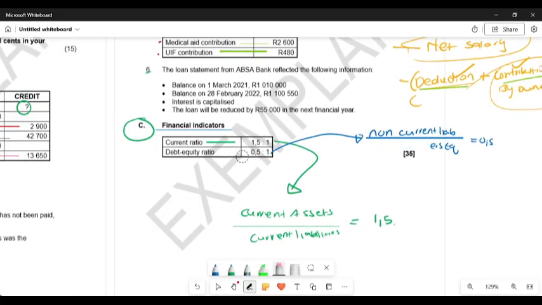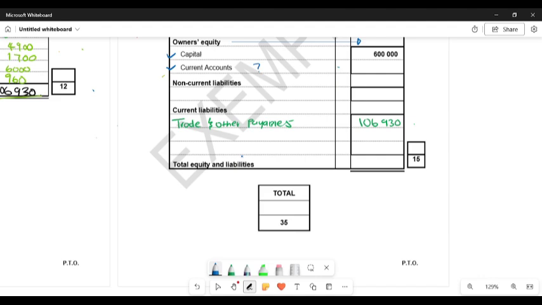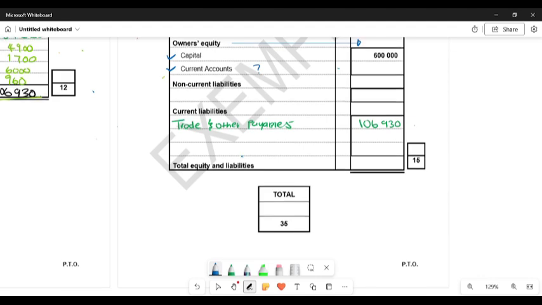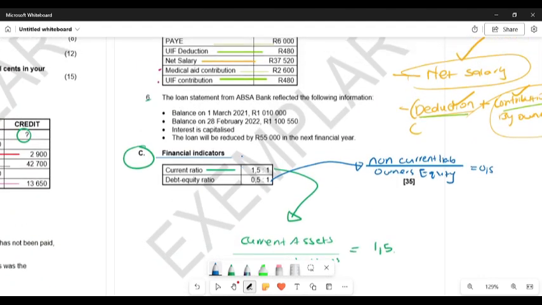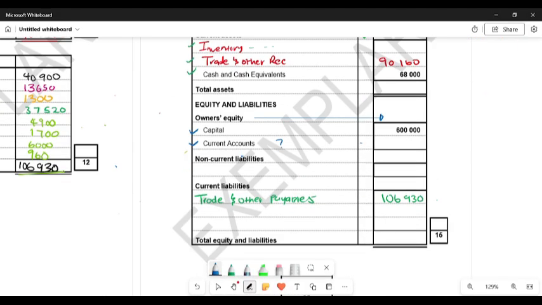Owner's equity. Now, non-current liabilities, I think I saw something with regards to that. Loan, right? The loan statement. So we have a loan.